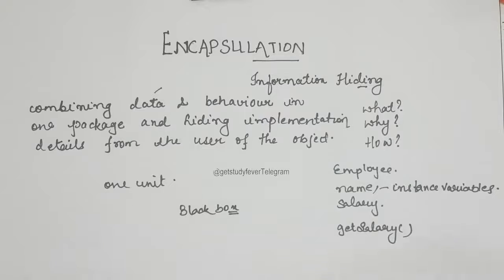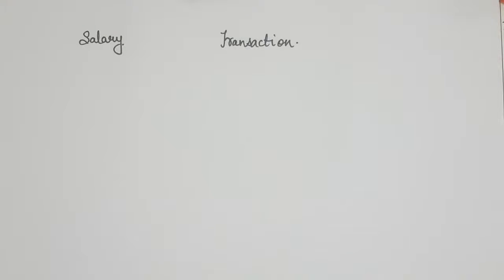Now let's take another example to understand this black box behavior, and what we mean by combining data and behavior in one unit. Let's say in an organization there are two departments, a salary department and a transaction department. The salary department does the calculation of salary.